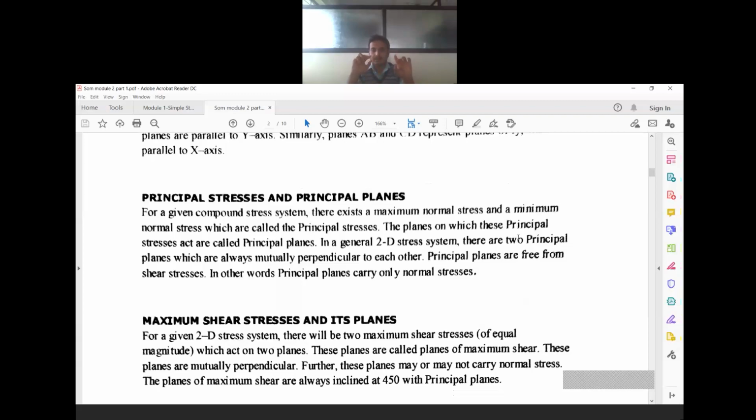The plane on which the maximum stress acts, we call it the maximum principal plane, and likewise the minimum principal plane. Put together, we consider those two types of planes as principal planes.